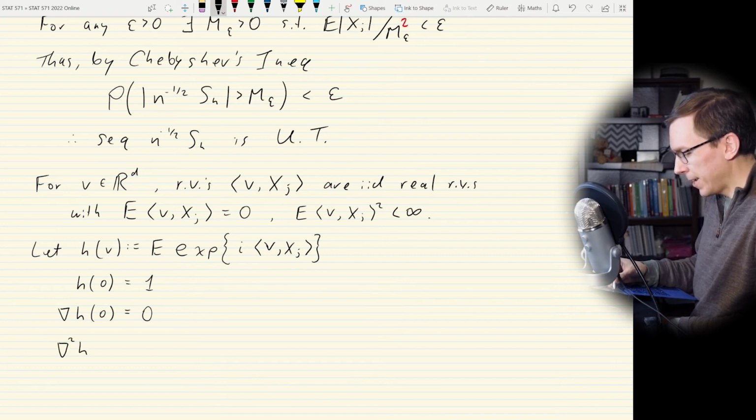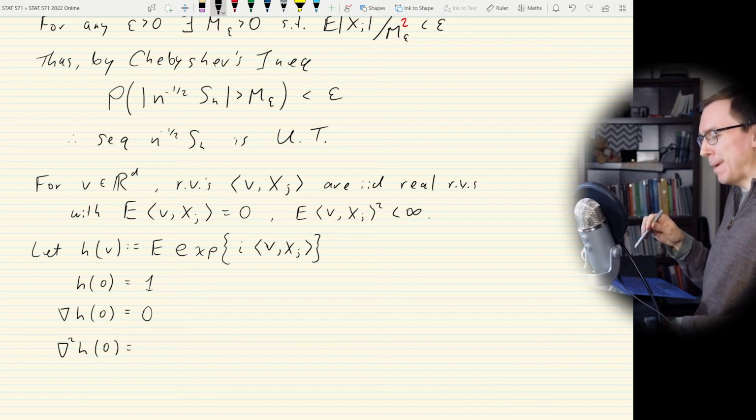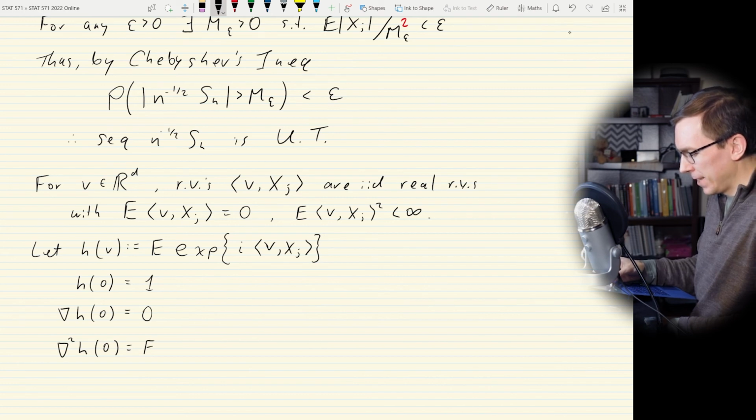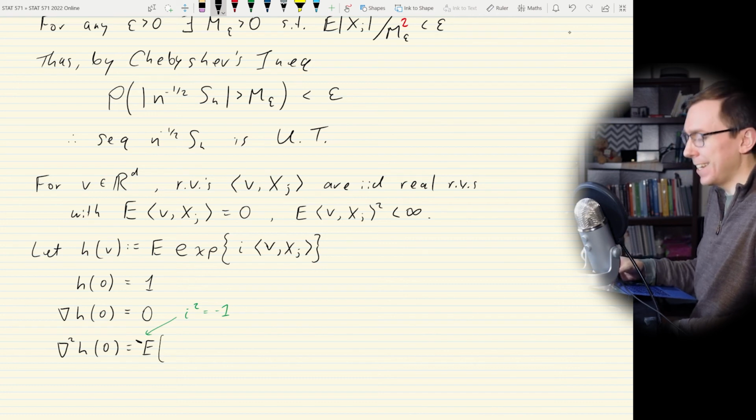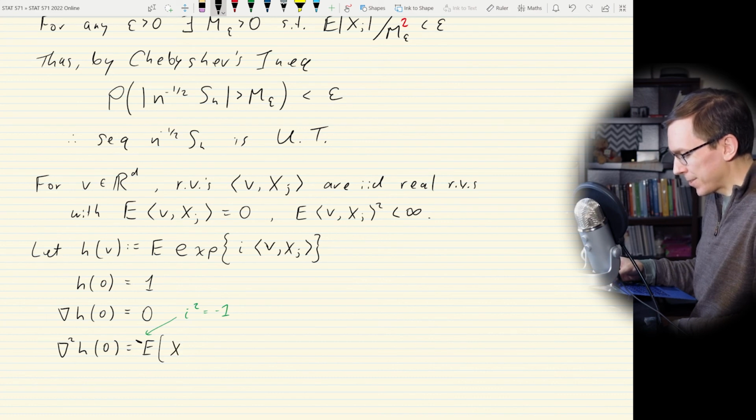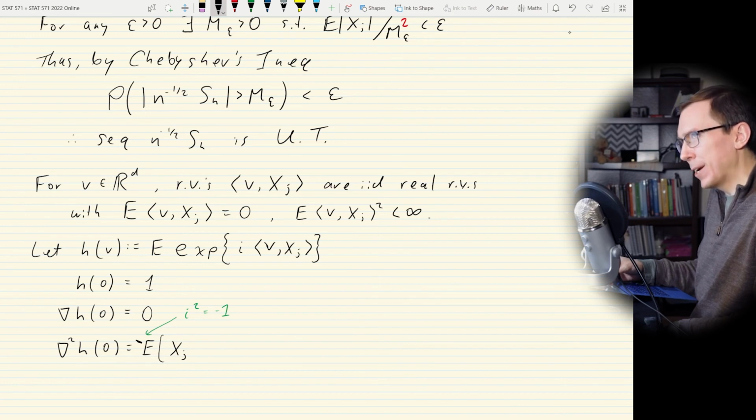When we do our second gradient, what we end up with is the expected value. There's going to be 2 i's coming out, so we're going to get something like minus, because we have an i squared, which is equal to minus 1. And then we get the expected value of an outer product. If we think of x_j as a column vector, we can write this as x_j times x_j transpose, the outer product.